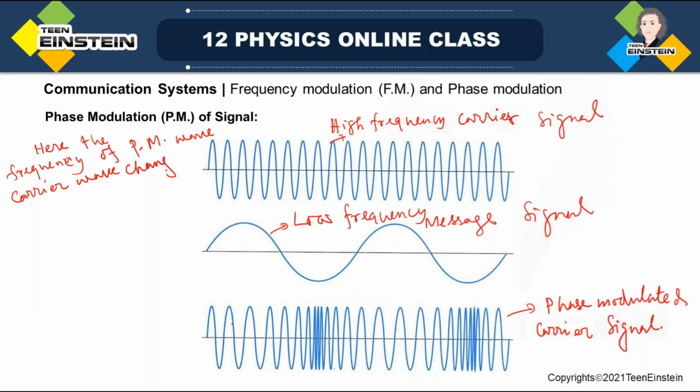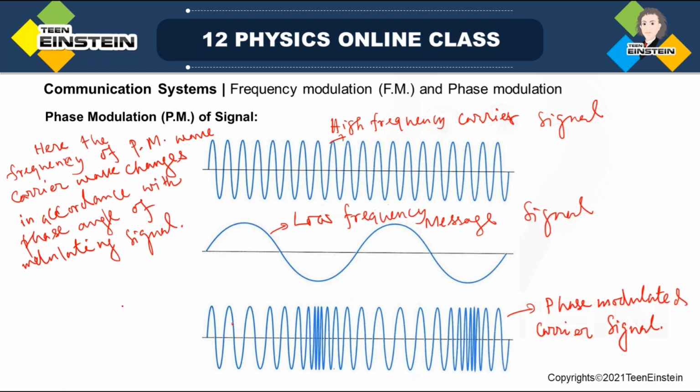Frequency will only change in accordance with the phase angle of modulating signal.